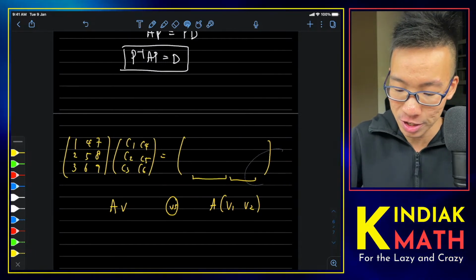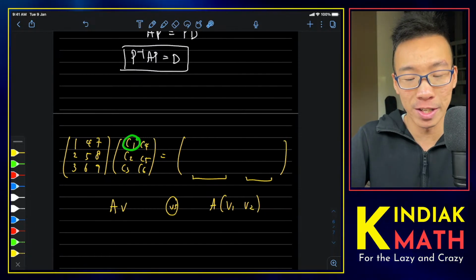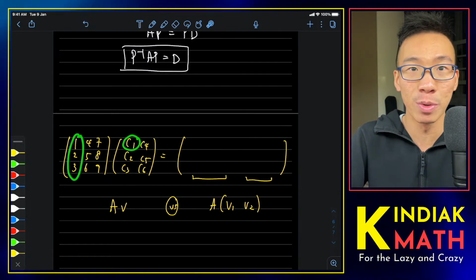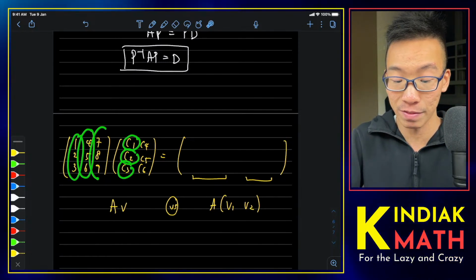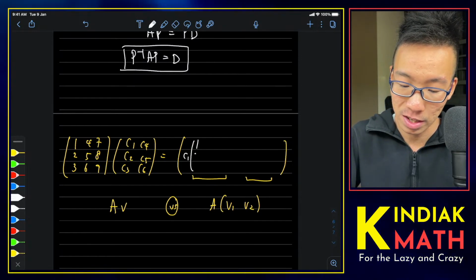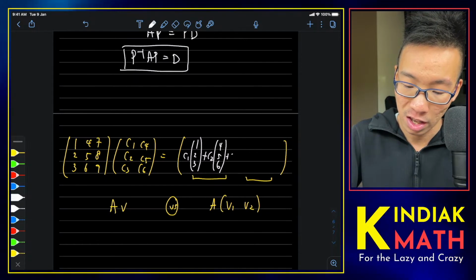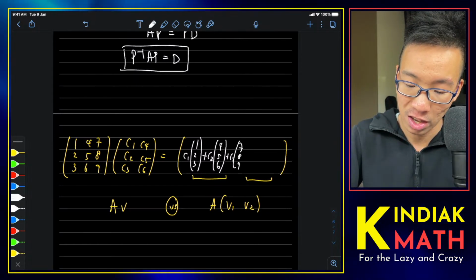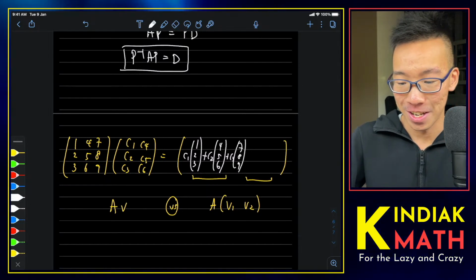The first dish can be thought of as C1 units of the first ingredient, C2 units of the second ingredient, and C3 units of the third ingredient. So for the first dish, we get this combination. That's our first dish.